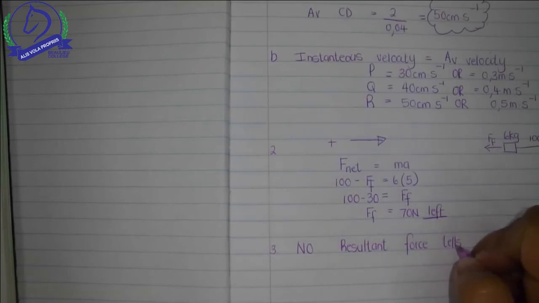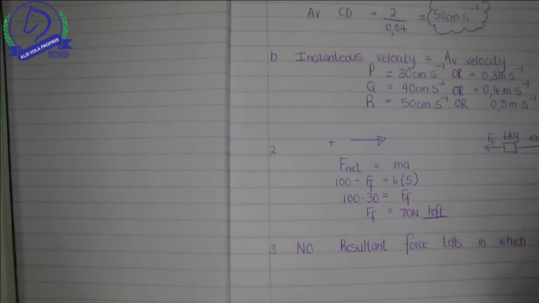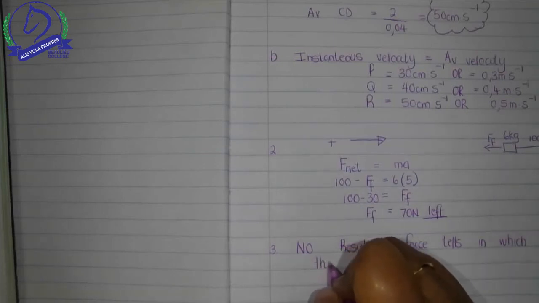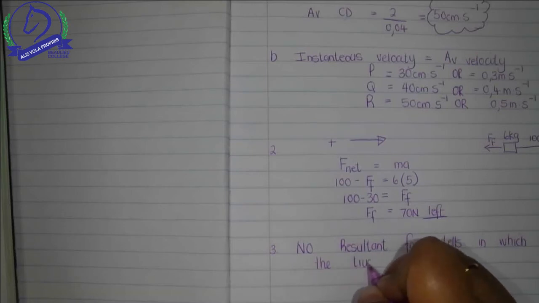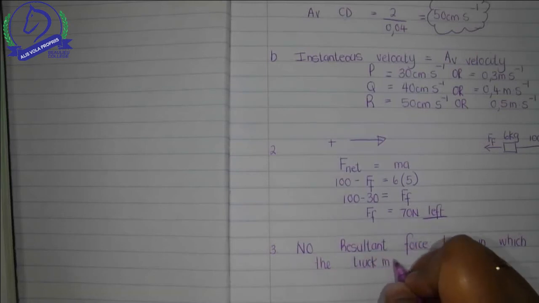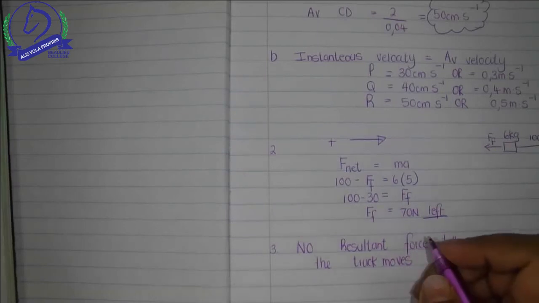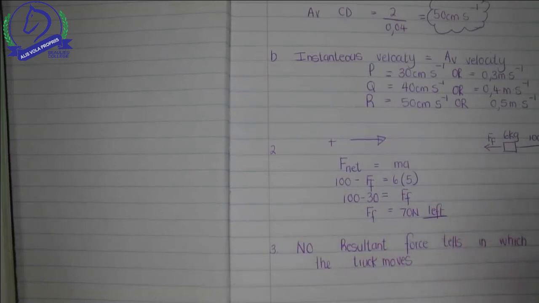The simple reason is that the resultant force will tell us which direction the truck is moving. Sorry, not the resultant force tells us not in which direction the truck moves.